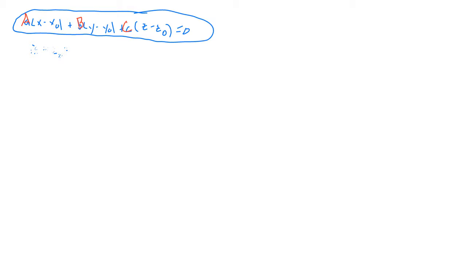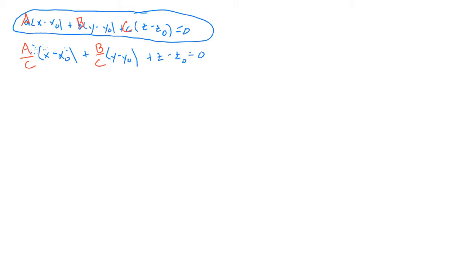If you were to divide by C, so we're assuming C is not equal to 0, you'd have A over C times x minus x sub 0 plus B over C times y minus y sub 0 plus z minus z sub 0 equals 0.